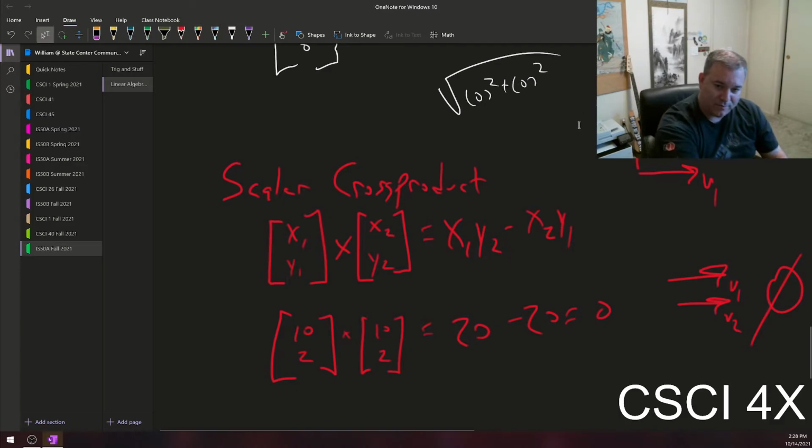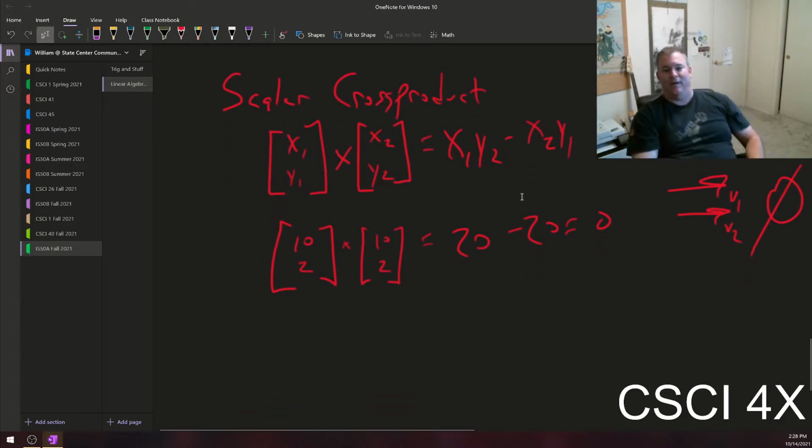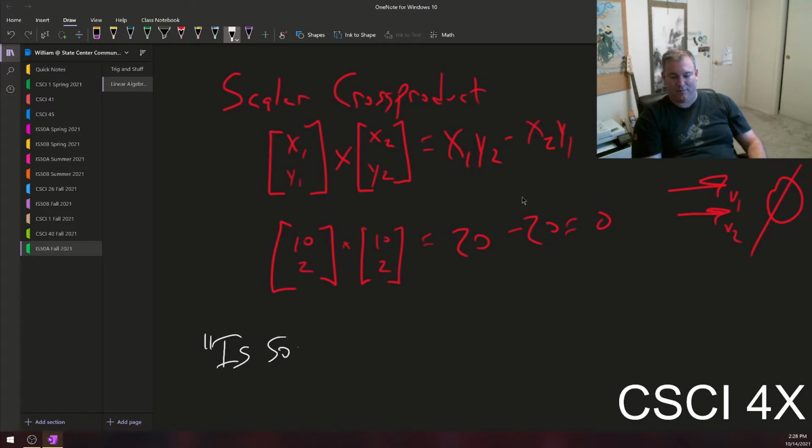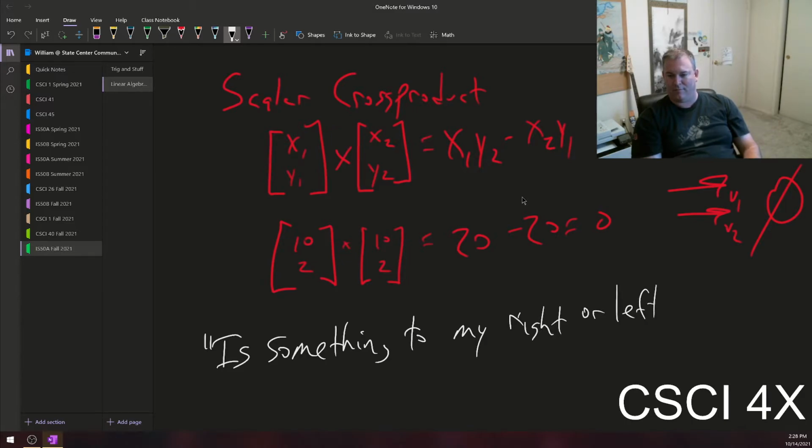In English terms, we use cross product to determine: is something to my right or left?